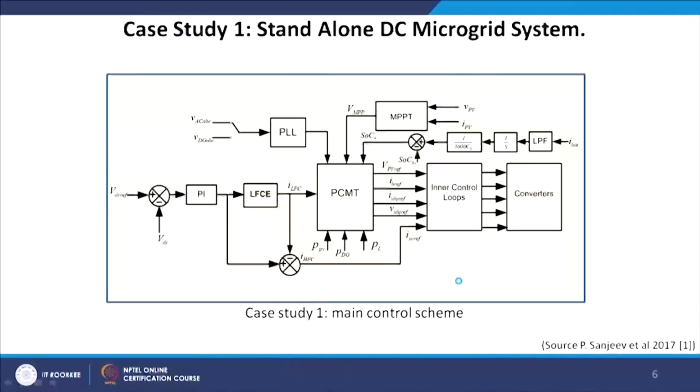Now, this is the standalone DC microgrid system, where the main control system being adopted, where you see it is at MPPT operation, and this basic structure represents the control algorithm, the control scheme for the standalone DC microgrid.